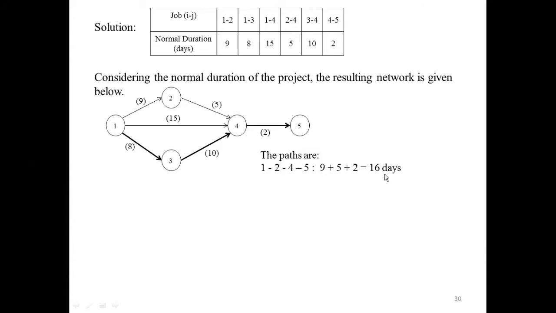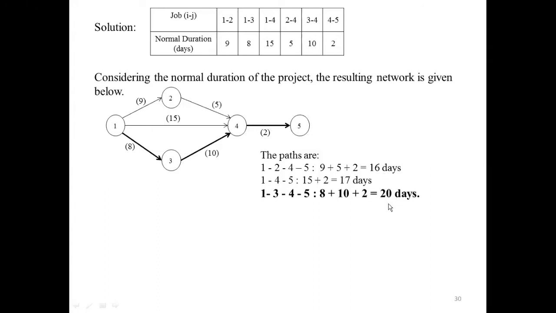The second path is 1, 4, 5: 15 plus 2, we get 17 days. Then the third path is 1, 3, 4, 5: 8 plus 10 plus 2, we get 20 days.